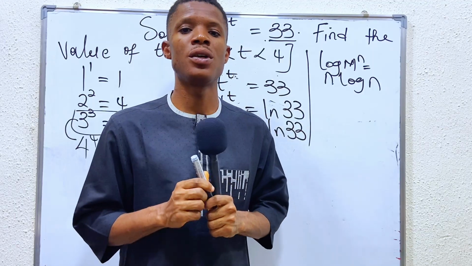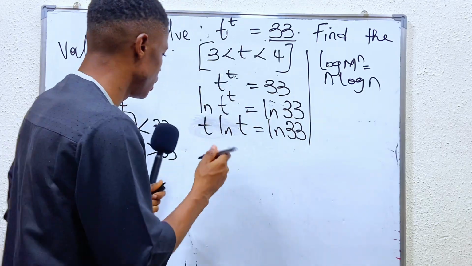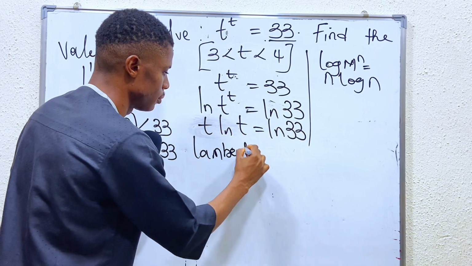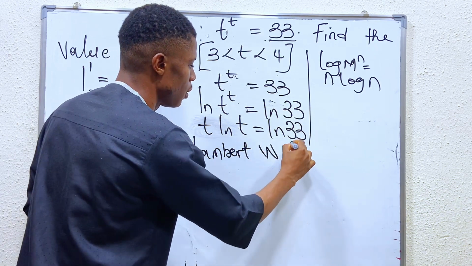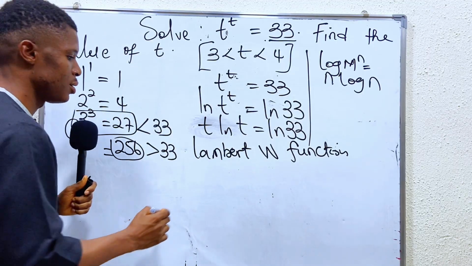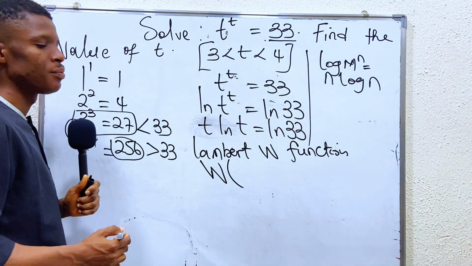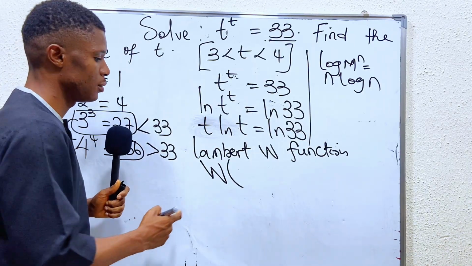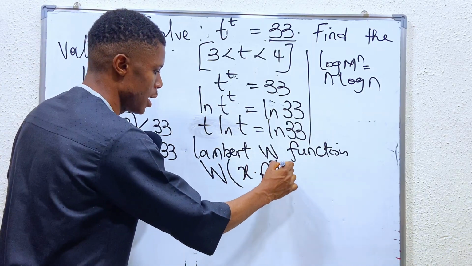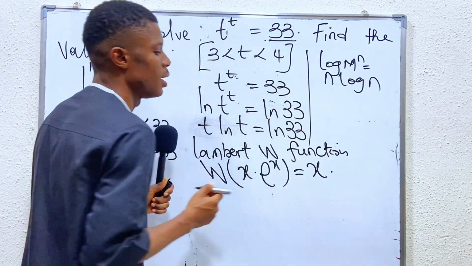At this point, we are going to make use of the Lambert W function, which is represented as W. When you have a function x times exponential x, the Lambert W function output is equal to x.